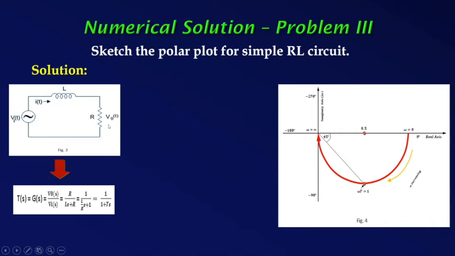Another output equation is V0(s) equal to R I(s). Then the transfer function, output by input, equals R by (L s plus R). So from this equation we get 1 by (1 plus Ts), where the time constant L by R is considered capital T.